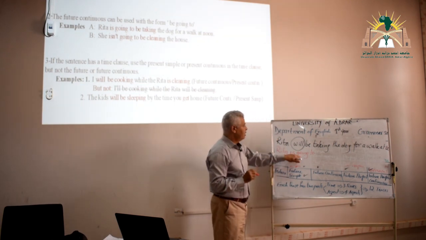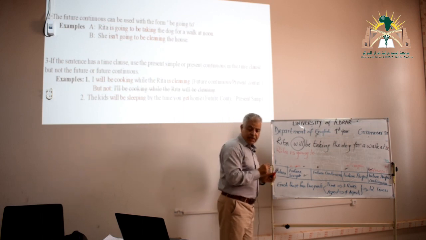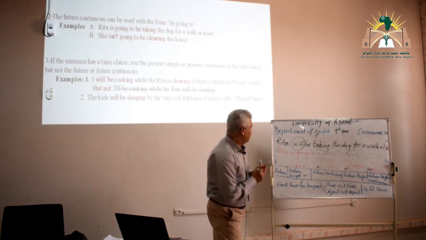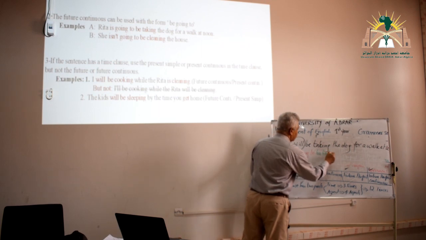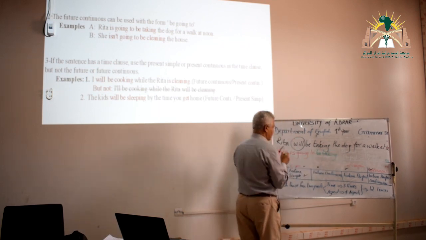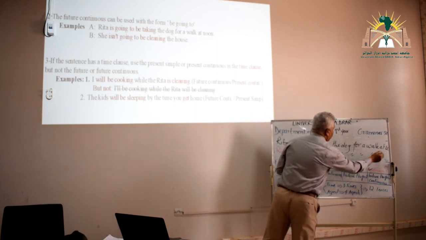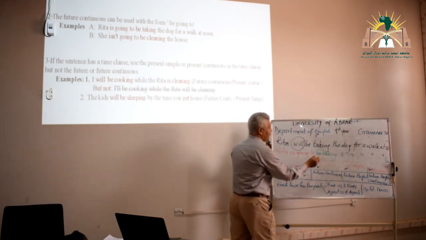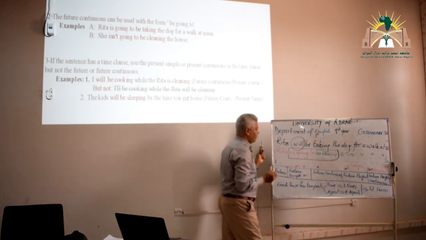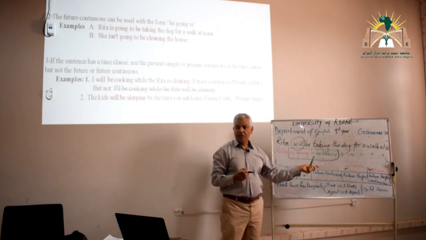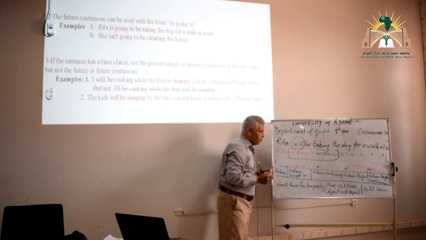This is the form be going to instead of will, and we carry on. So we will have this form. All right? Rita is going to be taking the dog for a walk at noon. We substitute will for be going to.